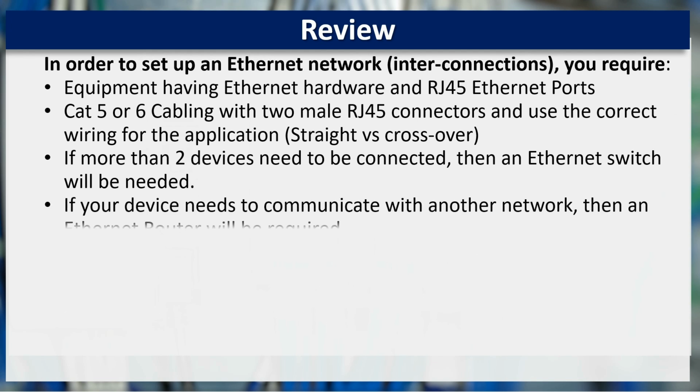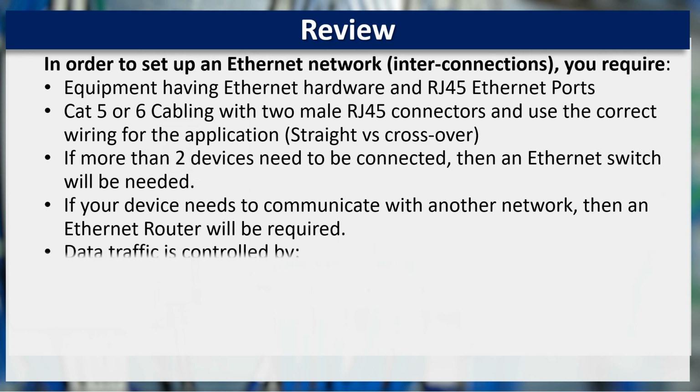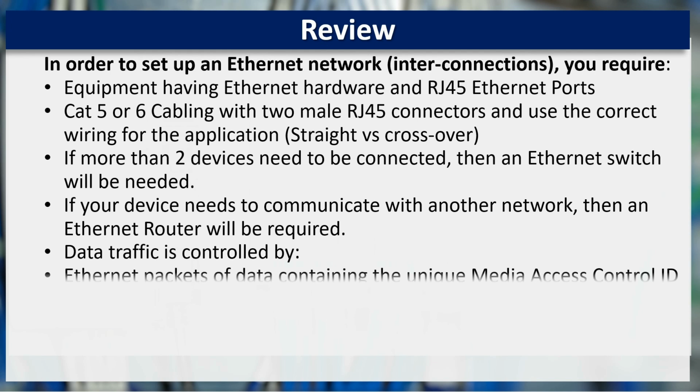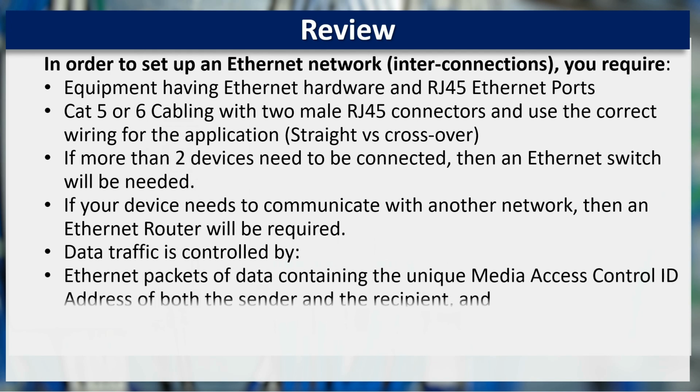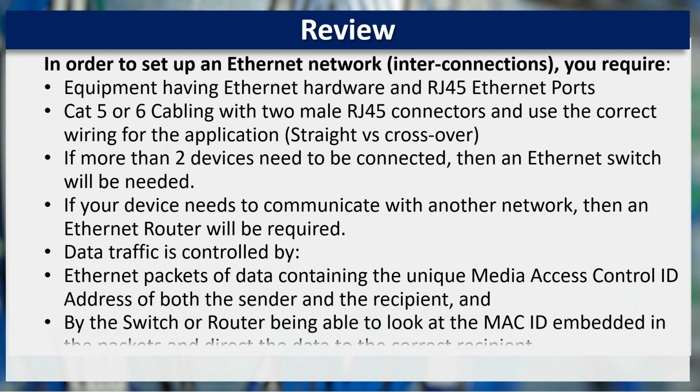If your device needs to communicate with another network, then an Ethernet router will be required. Data traffic is controlled by Ethernet packets of data containing the unique media access control ID address of both the sender and the recipient, and by the switch or router being able to look at the MAC ID embedded in the packets and direct the data to the correct recipient.